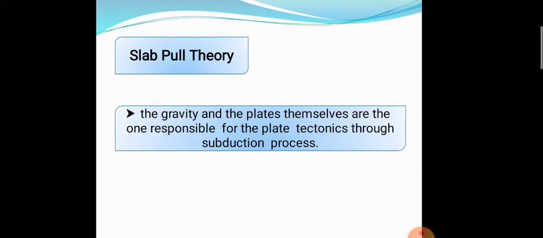Next is the slab pull theory. So this theory states that gravity and the plates themselves are responsible for plate tectonics through the subduction process.